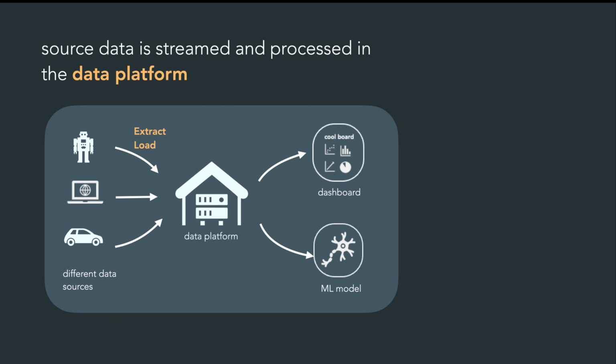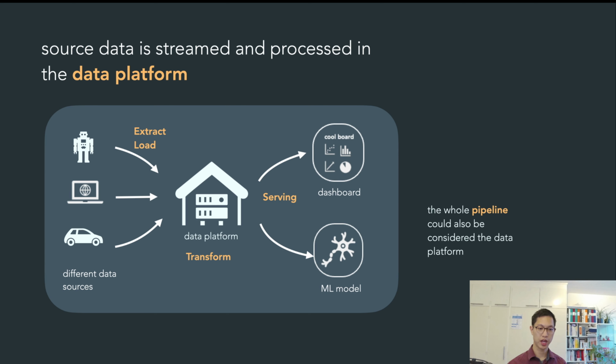So this part here is usually called extract load. And this is transform. It could also be extract, transform, and load. So ETL versus ELT, but we'll come back to that later on in the lectures. And then we're serving the dashboards or the ML model or AI model, as people usually say nowadays.